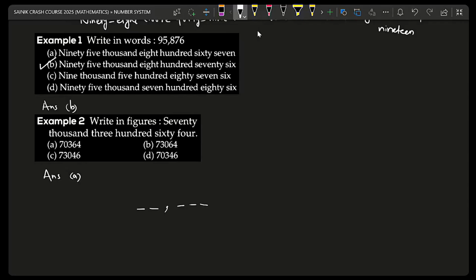So they said 70,000. So in thousands period, you just write 70. So that is 70,000. 364. So you just write 364. So you can take the help of these blank spaces also. So using this method of blank spaces, you can also answer some questions where there are some conditions given in places. We are going to discuss such type of questions later.